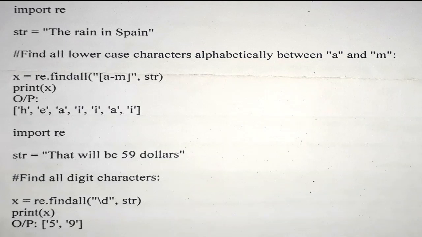This is our string, the rain in Spain, and if this particular string contains a to m characters, then just simply display the characters which range between a to m. So for the same I have written x equal to re dot findall.